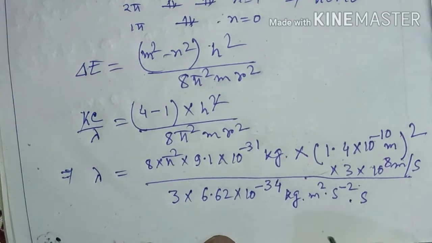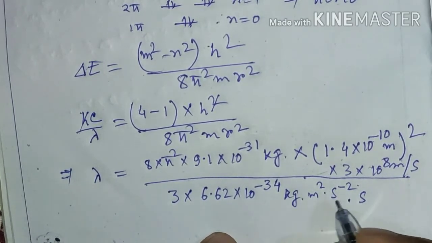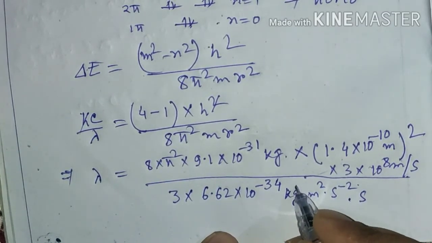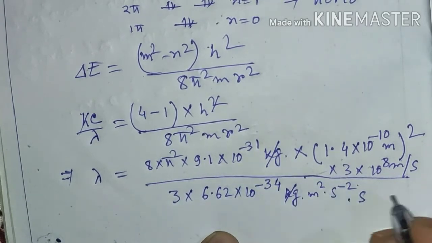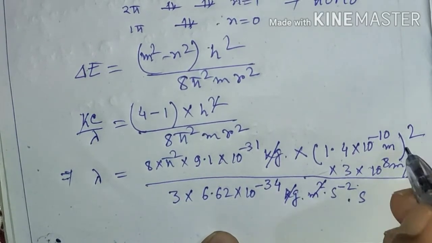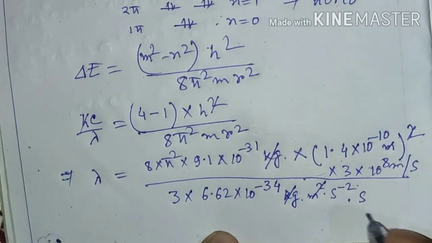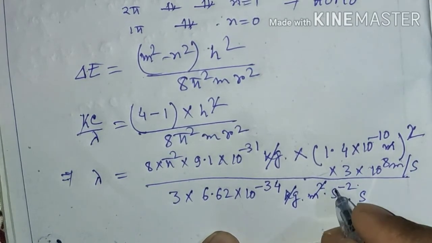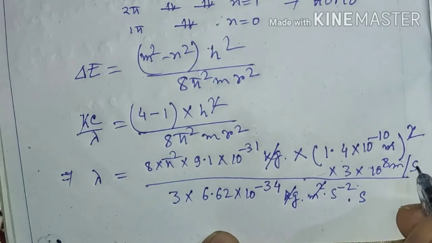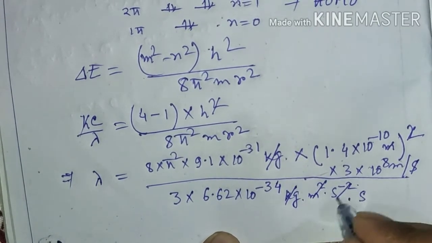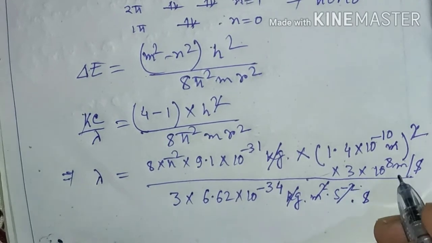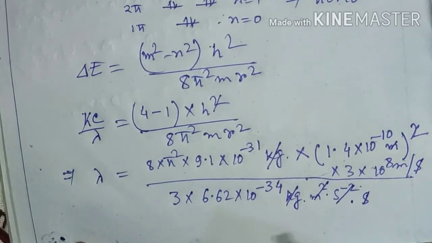If we calculate the unit, as previously, kg will be cancelled out, meter square will be cancelled out, and second inverse remains, and it is 1 by second, that is second inverse. This all will be cancelled out, so the unit will be only meter.